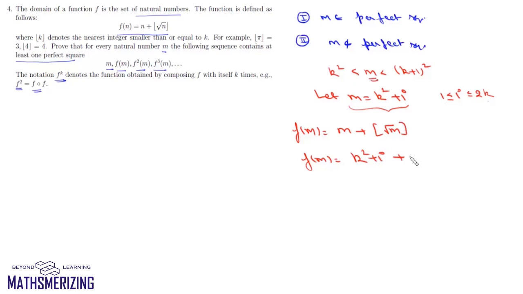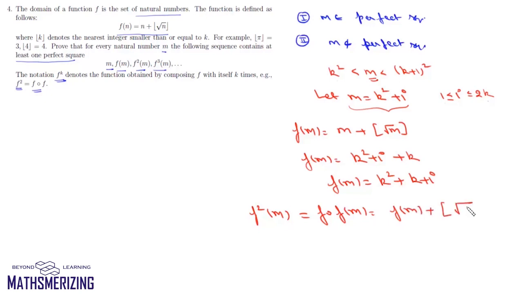So its greatest integer function will be simply k. We'll get f(m) as k square plus k plus i. Now we'll find f square m. Now f square m is f of f(m). So it will simply be f(m) plus the greatest integer function of square root of f(m).